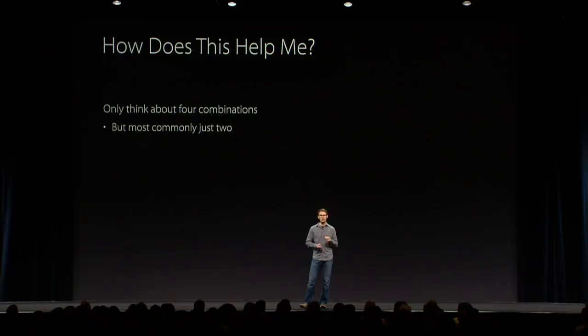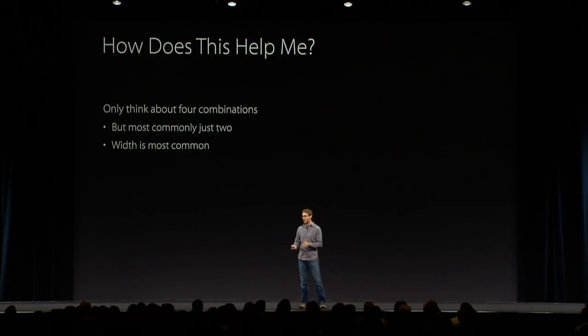And that's because the width class is by far the most common class or trait that you're going to have to interact with. If we think about all the traits that are possible, the layout traits are the most common kind of category of traits that you're going to work with. And within the layout traits, size classes is the most common layout trait, and then specifically within size classes, the width class is by far the most common class.